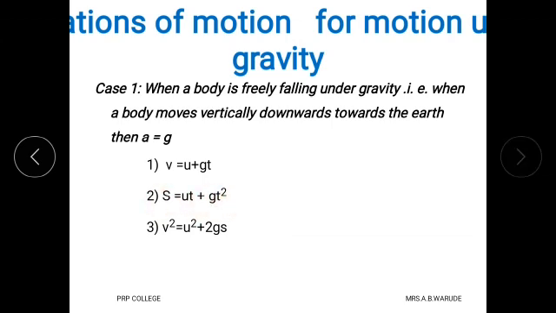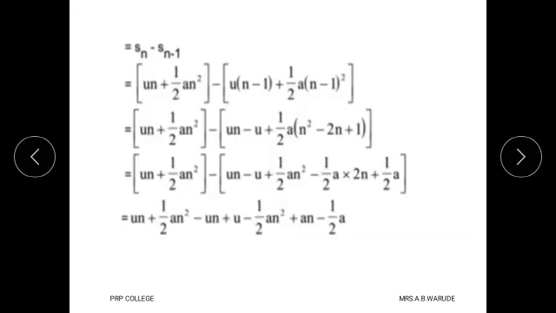But here time is taken as n, and therefore that equation for Sn is un plus half a n square, minus, then the equation for distance travelled in n minus 1 seconds is u as it is, instead of writing t, we write n minus 1, plus half a as it is, and instead of writing t, we write n minus 1 bracket square.